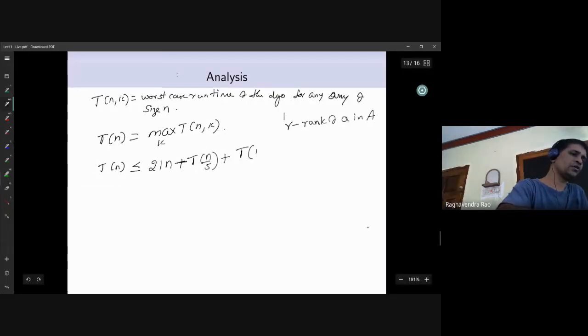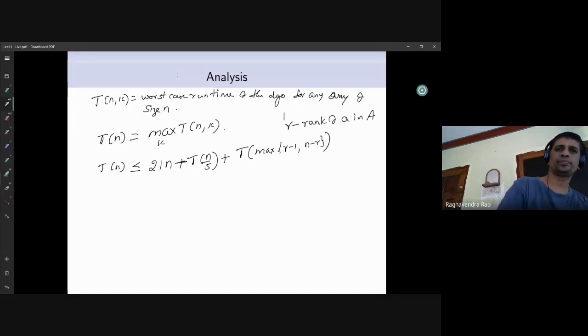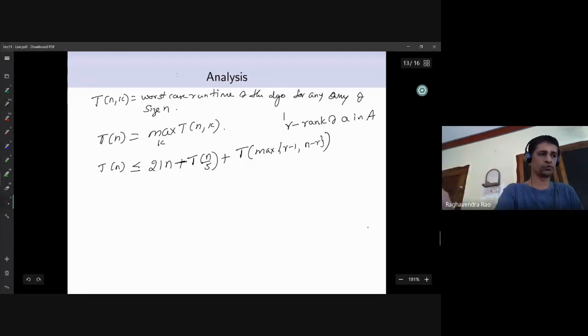This will be the max of R minus 1 comma n minus R. Do you all agree? Here R is the rank of the pivot, which is an unknown for us.